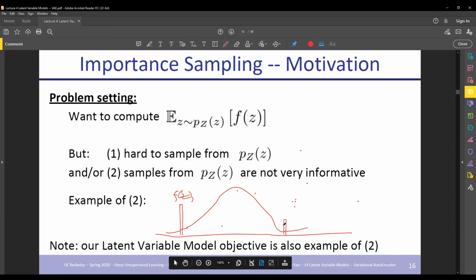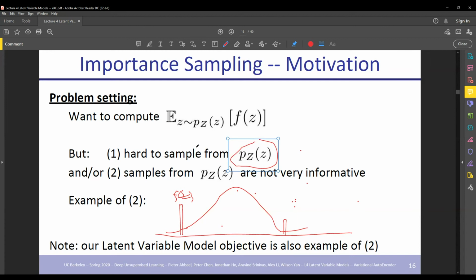Now, if the function f of z, let's say, is these two chunks right at the tail of the distribution, then two things can happen. The one potential, and he doesn't get into this case, because by choosing the desired distribution p of z to be Gaussian, we are kind of avoiding the problem.